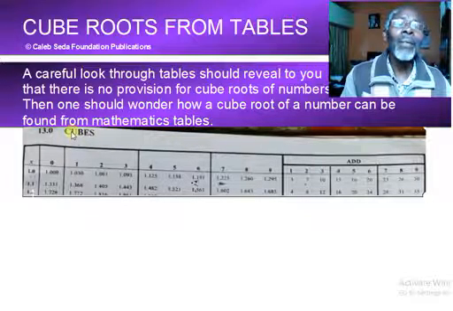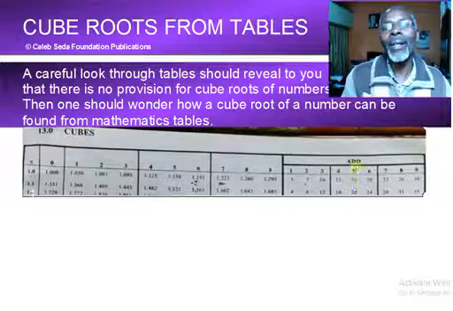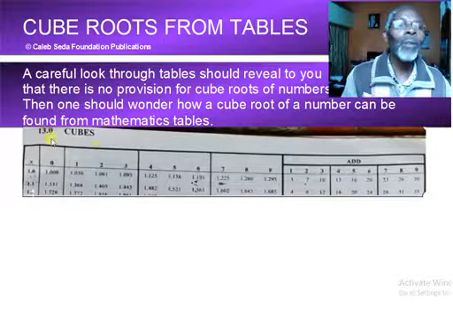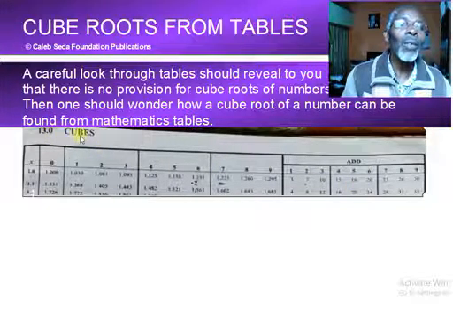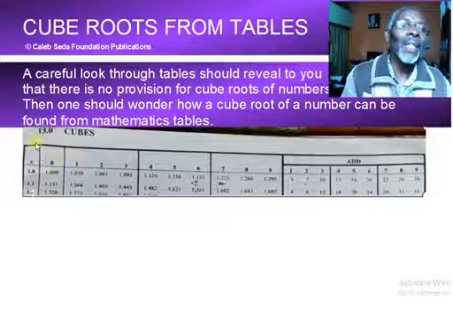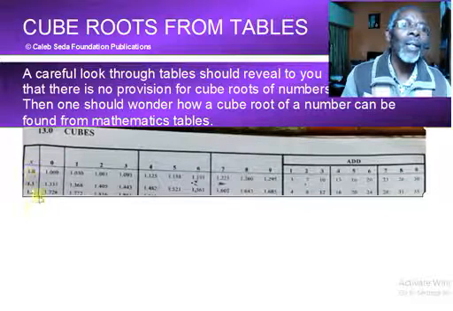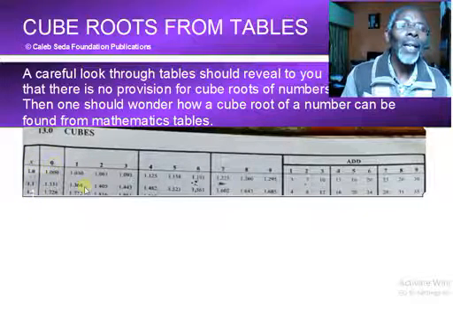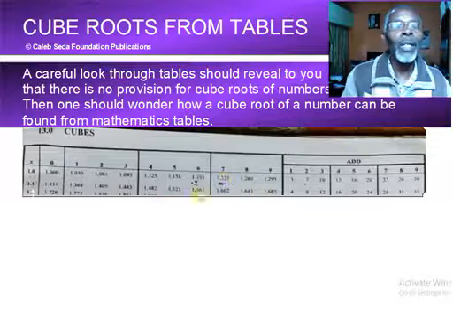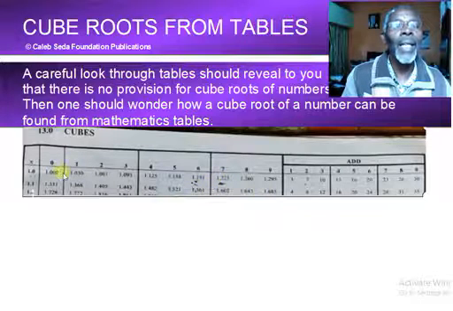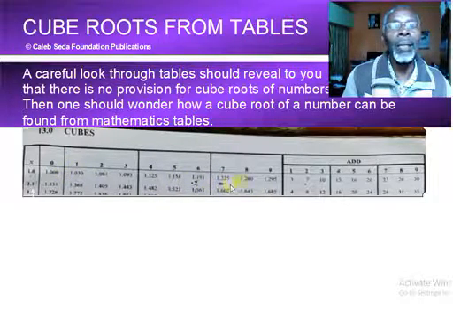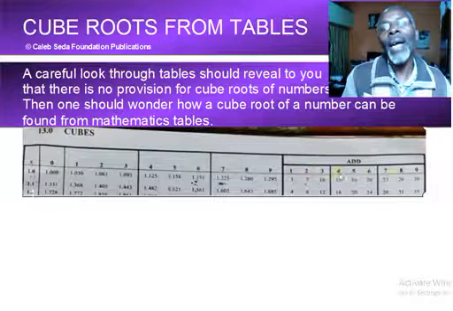We have here a little portion of a table of cubes, and we can see the column of numbers up to 1 decimal place called X, and then we have the part of the table from 0 to 9, which gives us the next decimal place, the second decimal place, and then we have the add part of the table, which gives us the third decimal place.